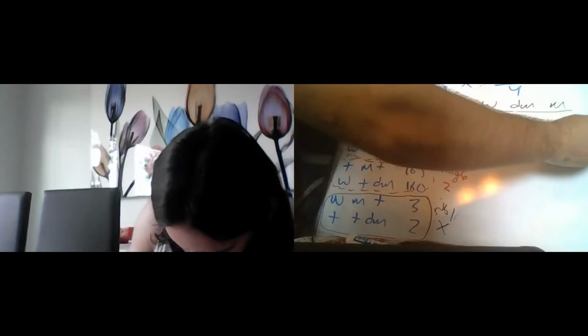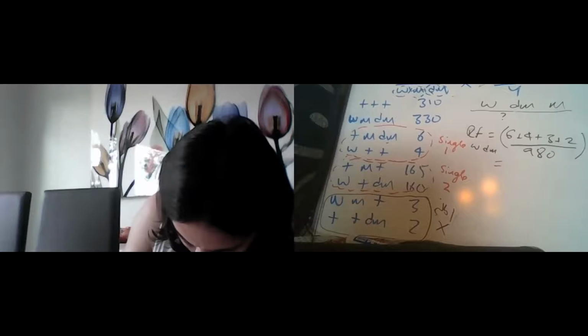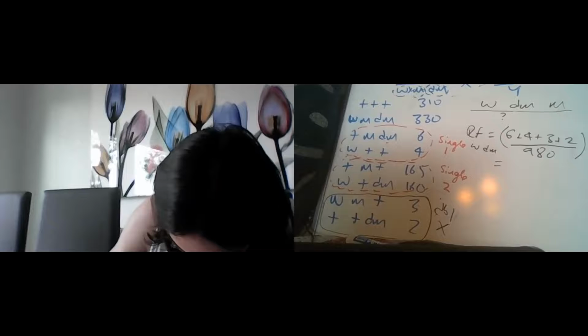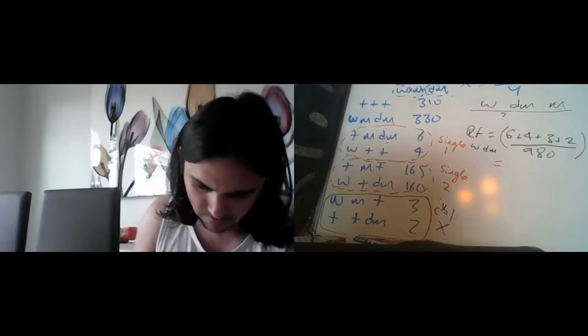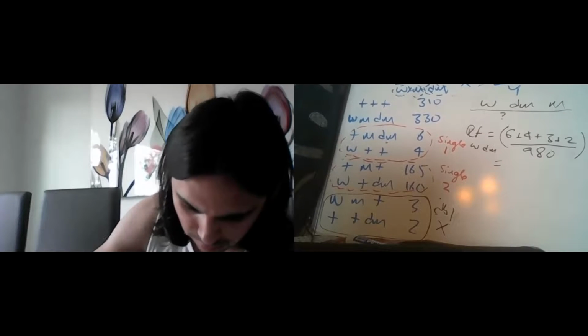Then times all that by 100, and that is the recombination frequency for W DM. So that's 15 over 980 times 100. What's the centimorgans, or the recombination percent?